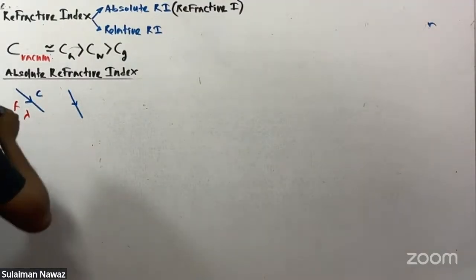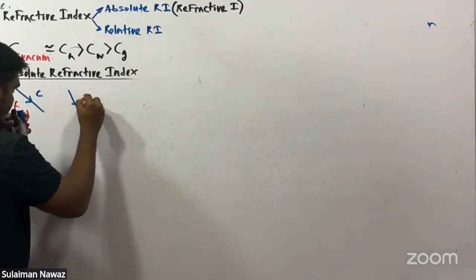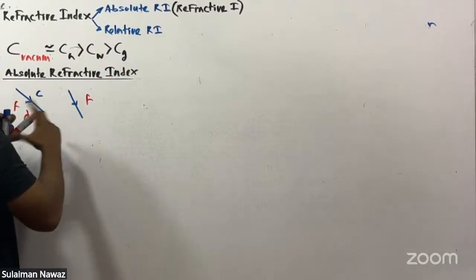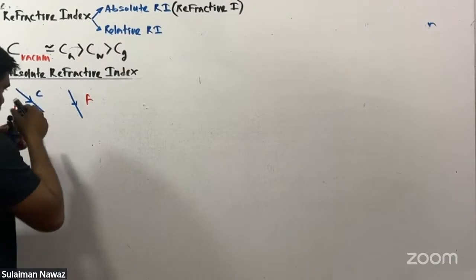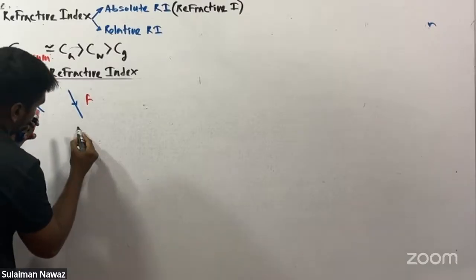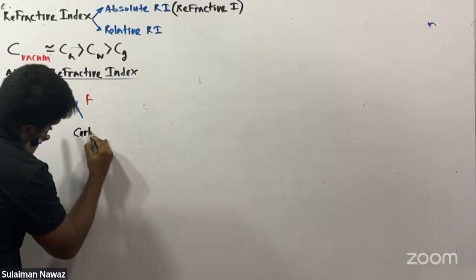Then we know that due to refraction, the frequency doesn't change and stays the same, f, but the speed of that light ray in that medium is different. Now the speed is, let's say, c dash in a certain medium.